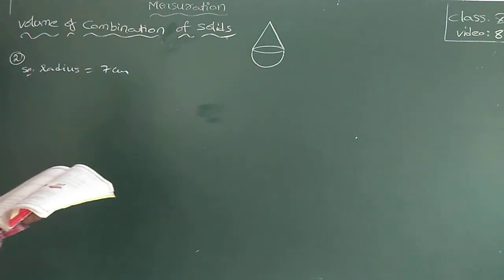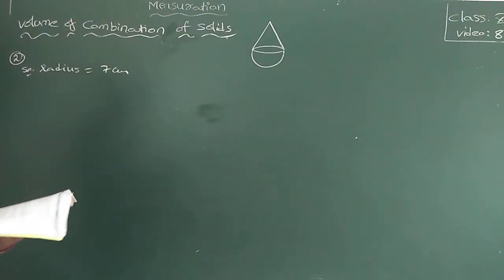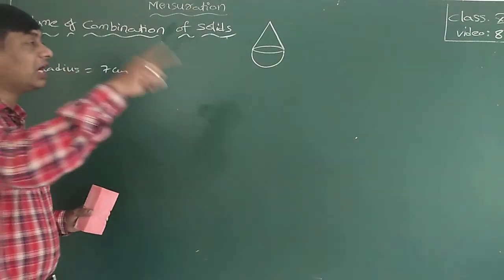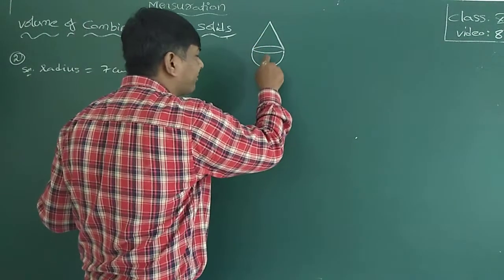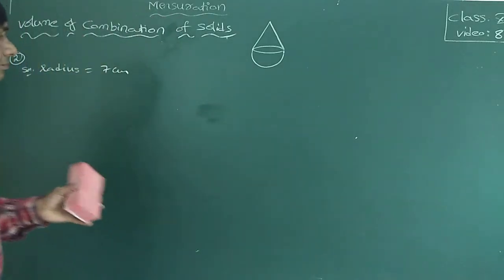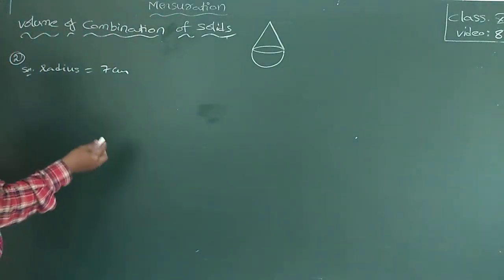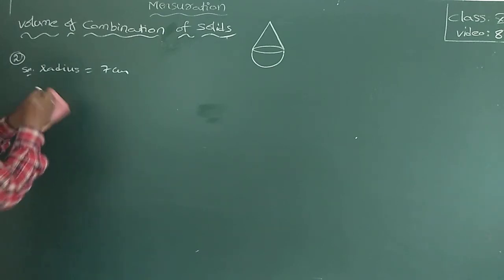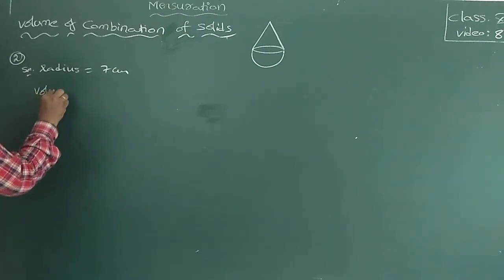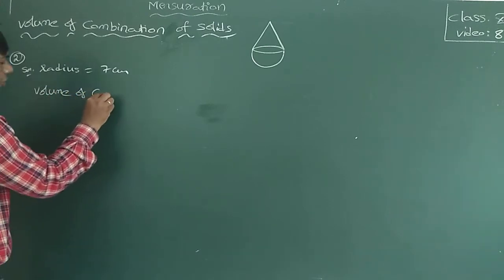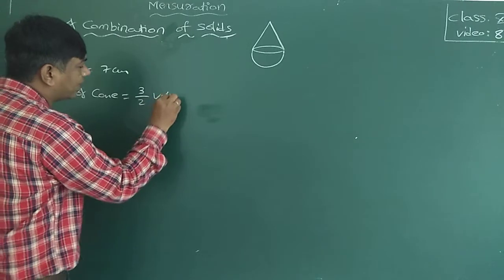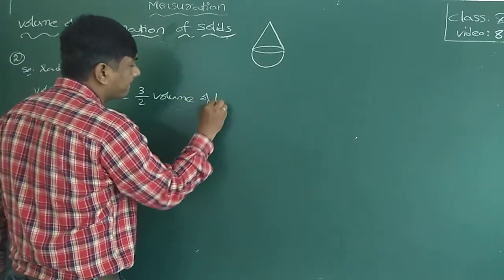And its volume is 3 by 2 of the hemisphere. The cone volume is 3 by 2 of the hemisphere. Okay, now as per the question, volume of the cone is equal to 3 by 2 of the volume of the hemisphere.